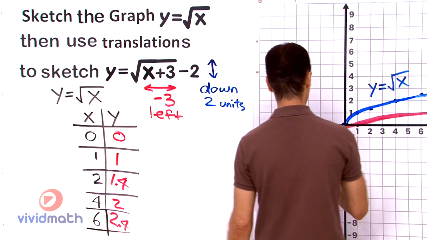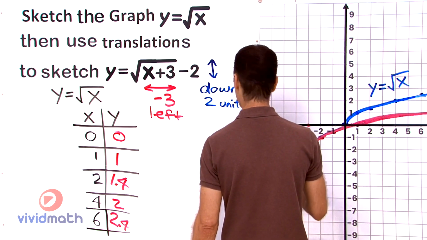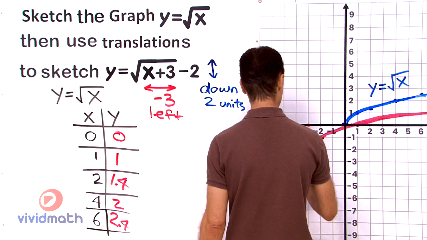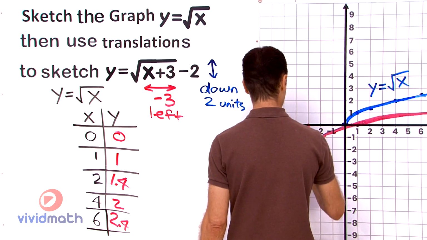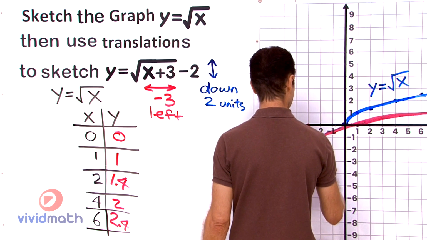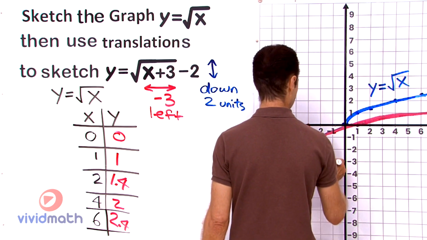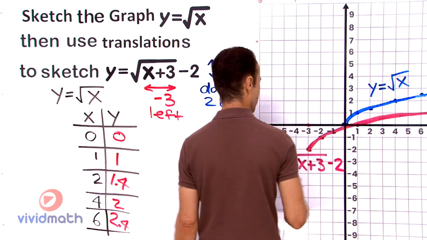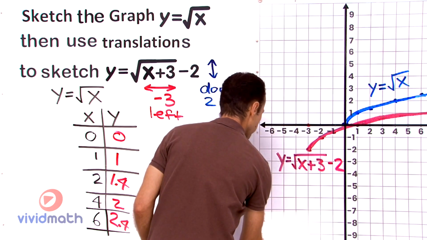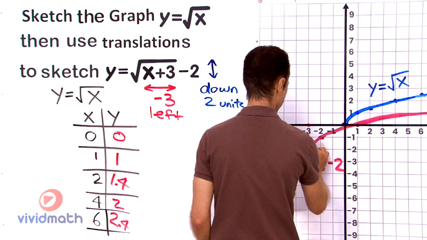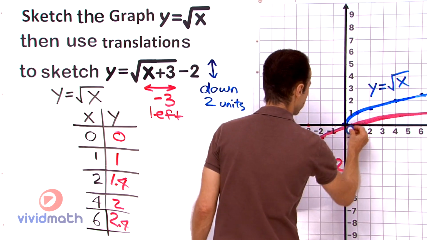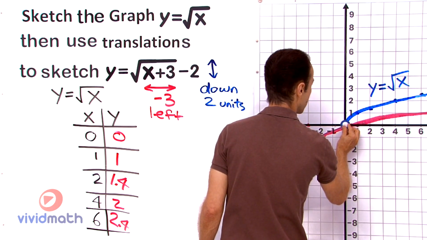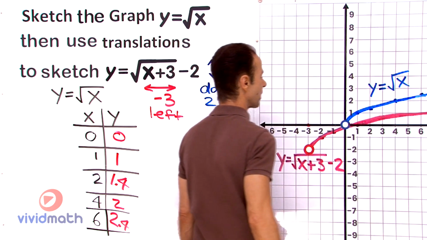There's our new one, and this is y equals the square root of x plus 3 minus 2. There we go. Now let me just mark these out. That's our new origin right there, which has shifted from this origin right over there, like that. y equals the square root of x.